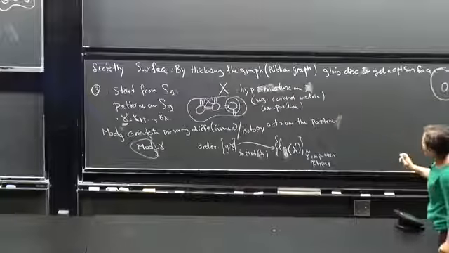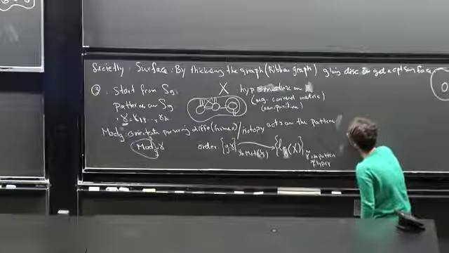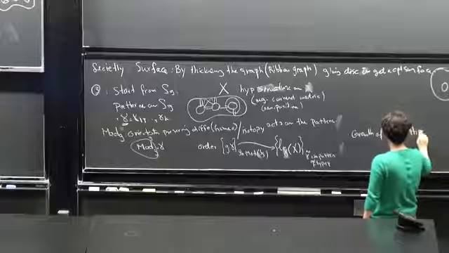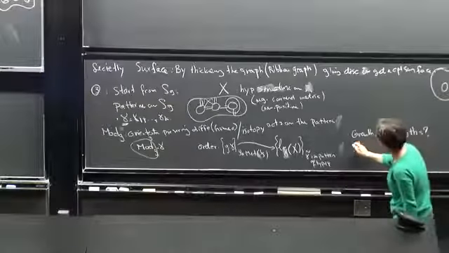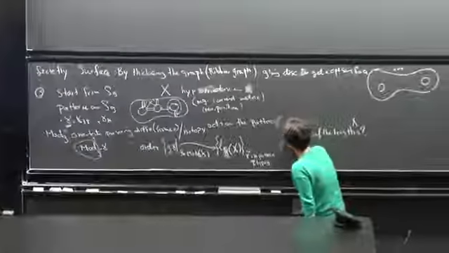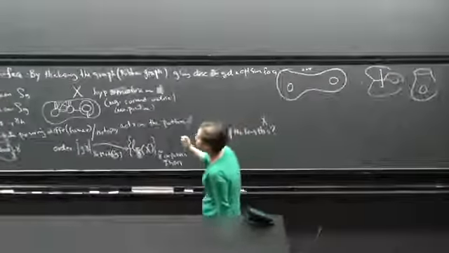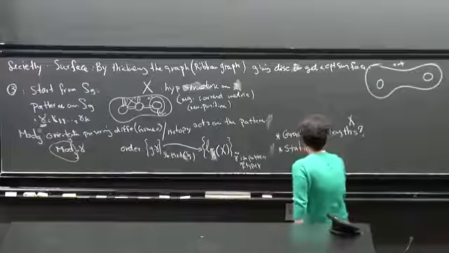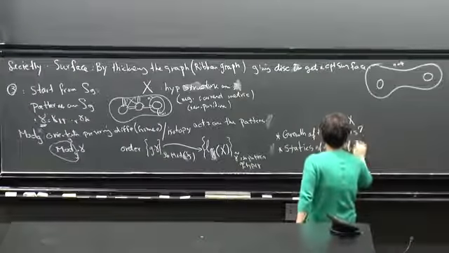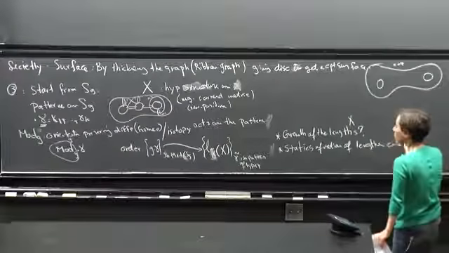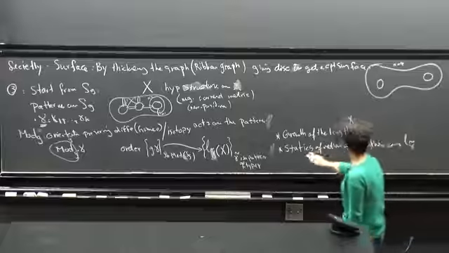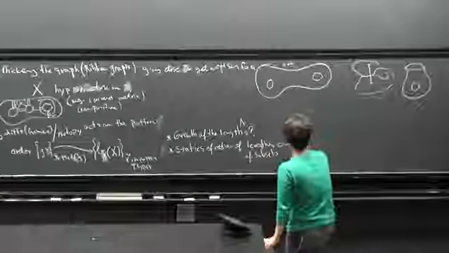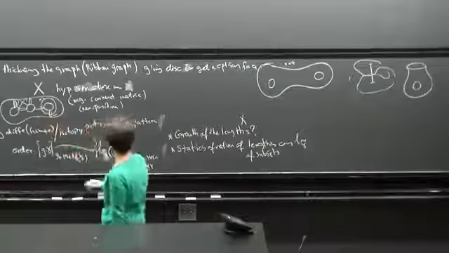And the type of questions are, first of all, maybe the growth of the lengths, or how it depends on X, or even more complicated, if you have, for example, two curves, alpha 1, alpha 2, in gamma, the statistics of the ratios of lengths of subsets, as the length of the big guy, which is the union of all of them, tends to infinity.